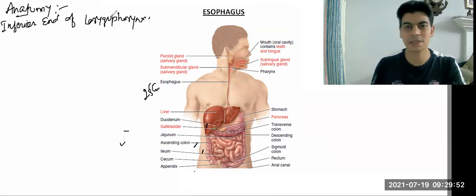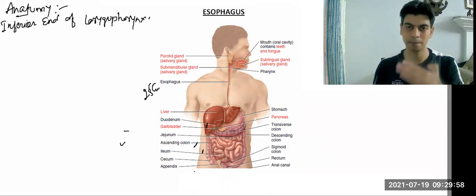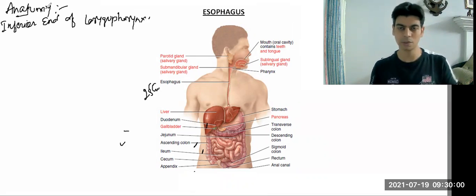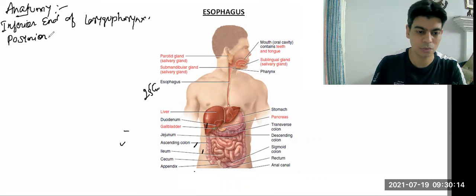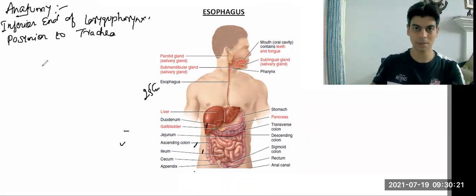We know the laryngopharynx is a part of the pharynx, and after food is swallowed, the food passes through the pharynx into your esophagus. So it is at the inferior end of the laryngopharynx, then it is posterior to the trachea, the windpipe. Then it further comes down.